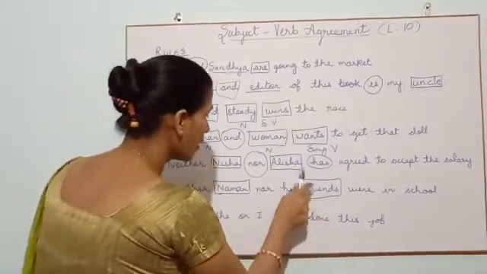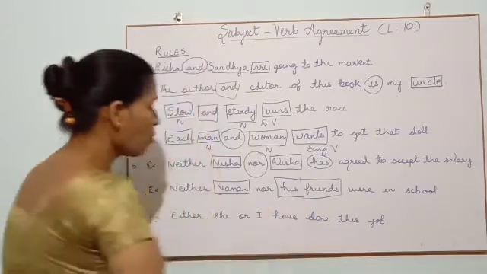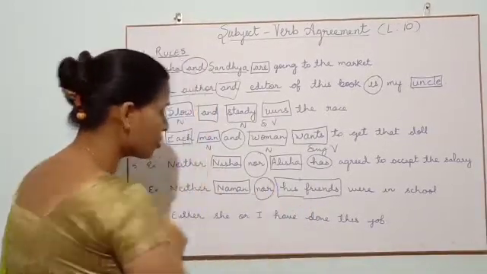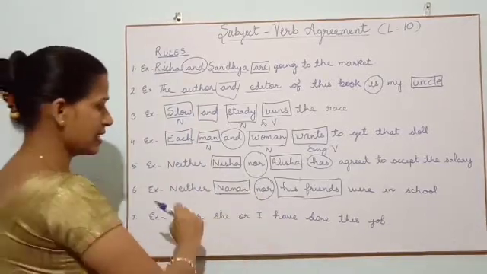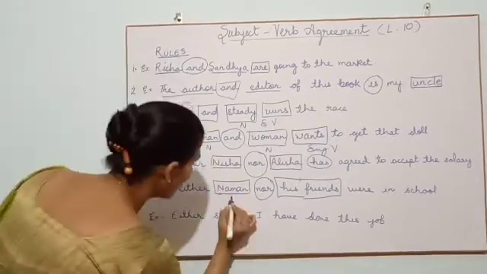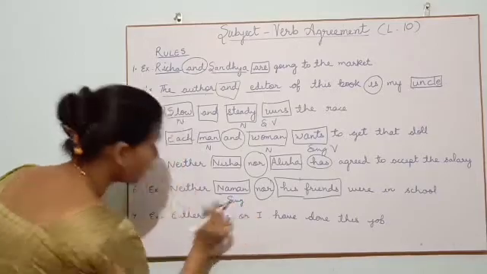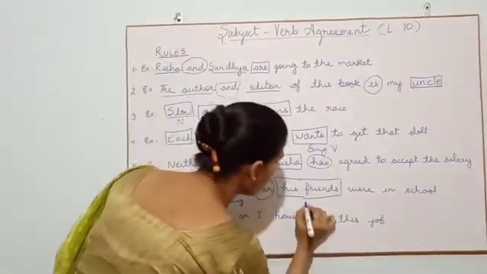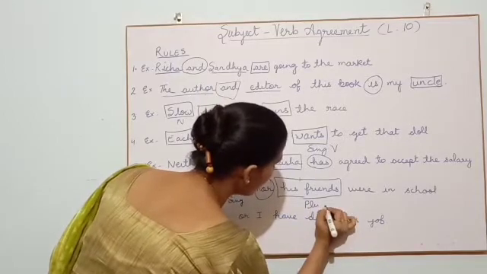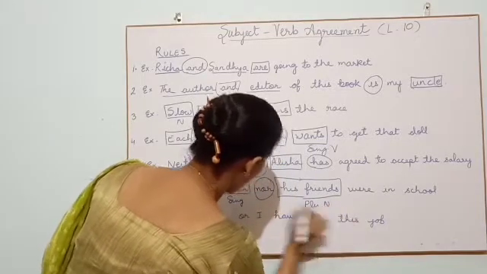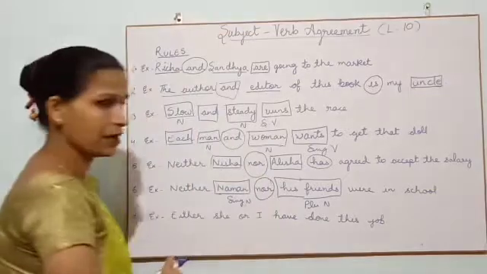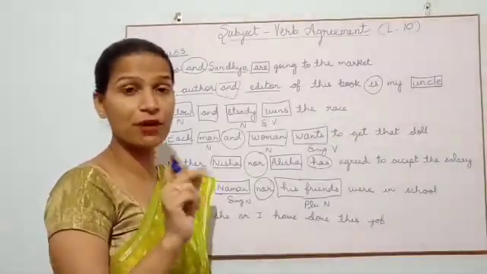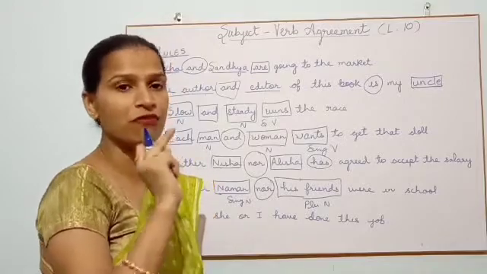When these two are connected with the help of the word nor, you can see this is singular, talking about one person, Naman, but here we have a plural noun. Friends, we are not talking about a single friend or one friend, but friends. It means more than one.